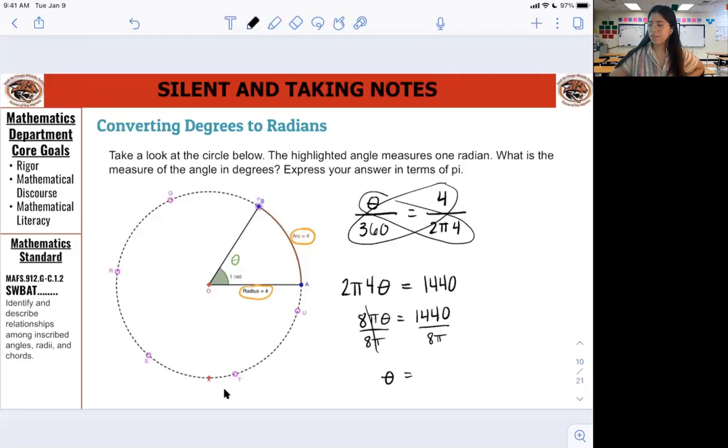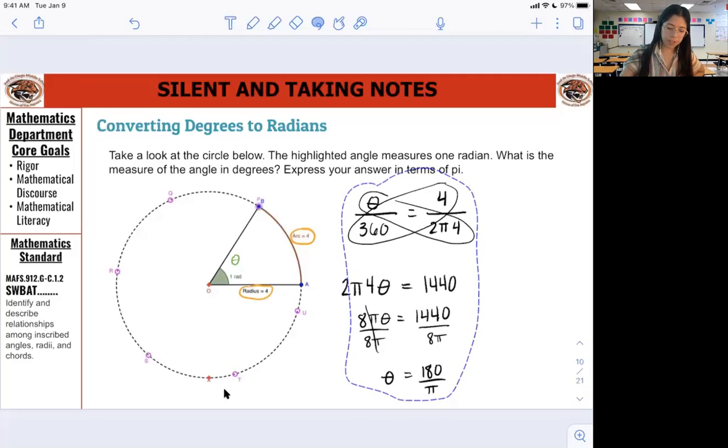You sure? 180. So this is 180 over pi. And that's the amount of degrees. So I'm going to write degrees.